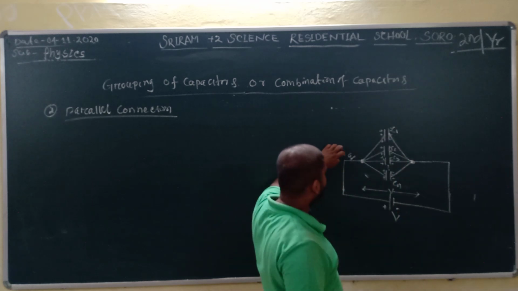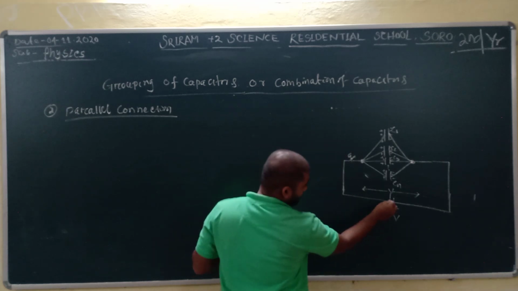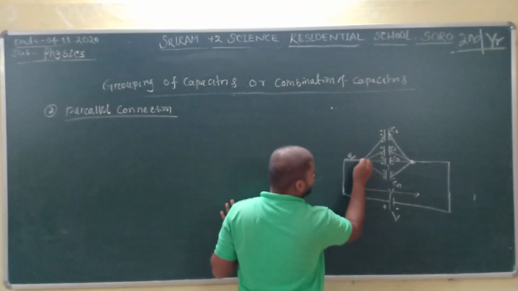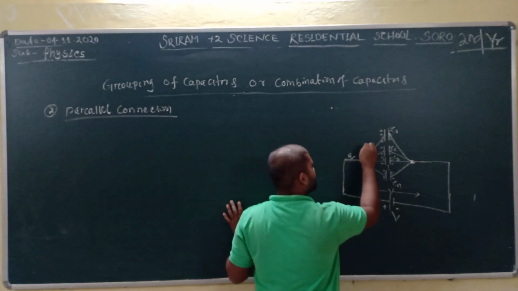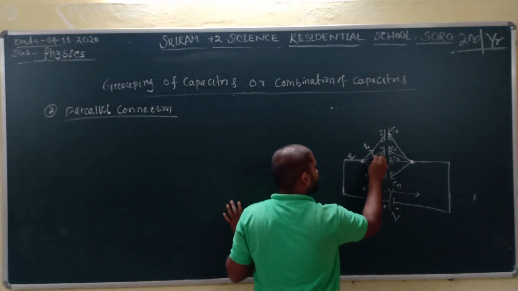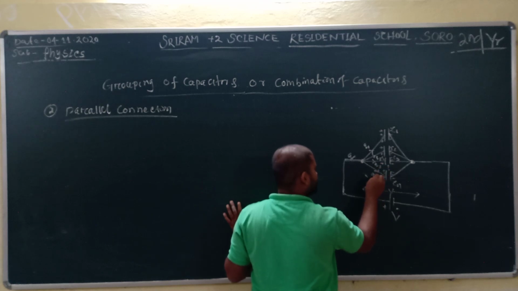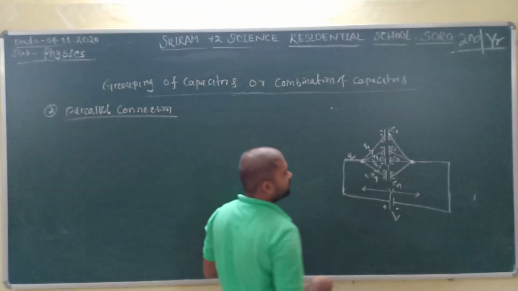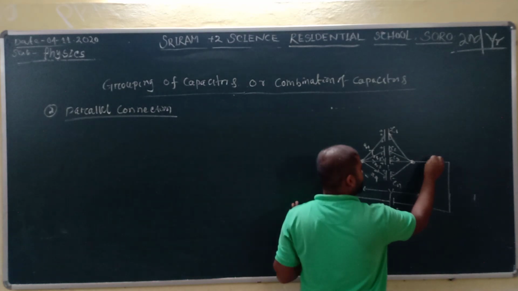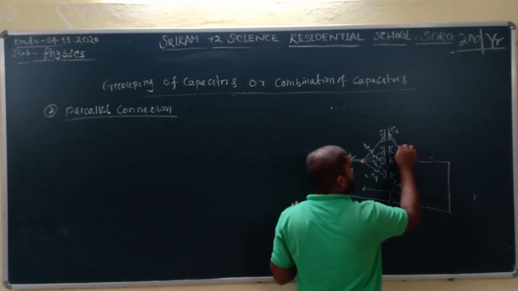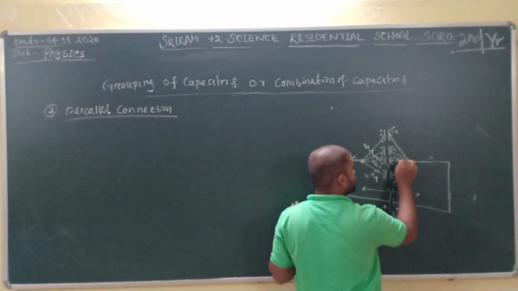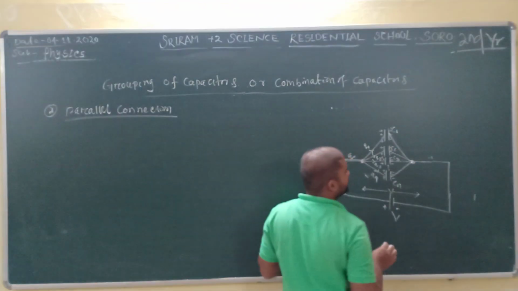The total positive charge here is divided into a number of positive charges Q1, Q2, Q3, and so on. The total negative charge minus Q is also divided into minus Q1, minus Q2, minus Q3, and so on up to minus Qn.